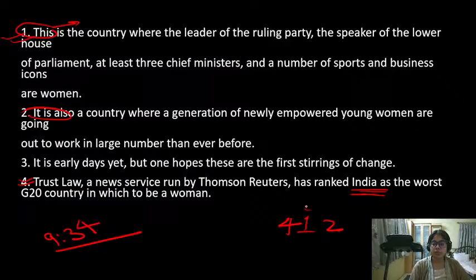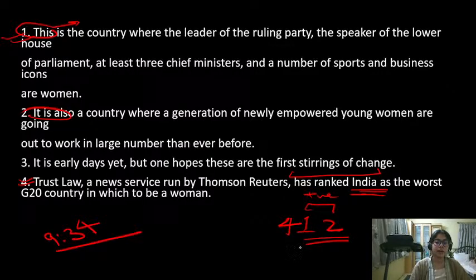Again, it talks about something positive about being a woman in the country. Third, it is early days yet, but one hopes that these are the first stirrings of change. So, what are the first stirrings of change mentioned in 1 and 2?